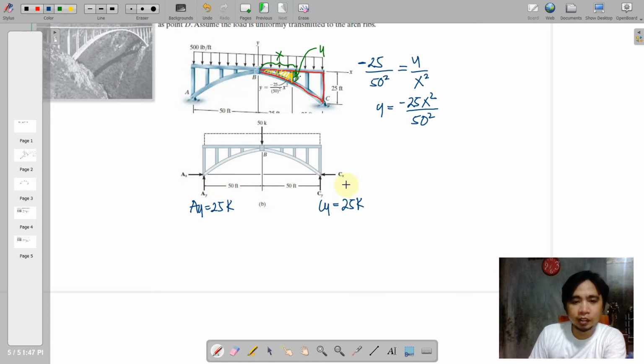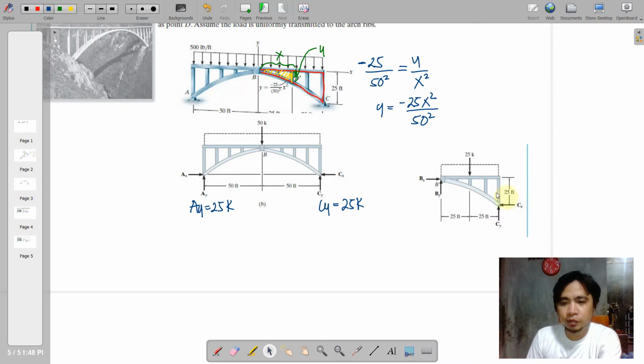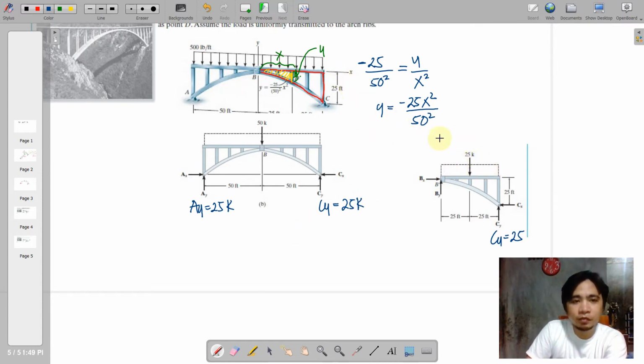So AX and CX will be determined by separation. So if this is the separation considering the right portion, there will be BX and BY here, and CY and CX. We just write CY here, 25, and of course, this was already bisected, the distributed load. So if this is 500 pounds per foot, just multiply that by the distance 50. So 500 times 50 is actually 25k.